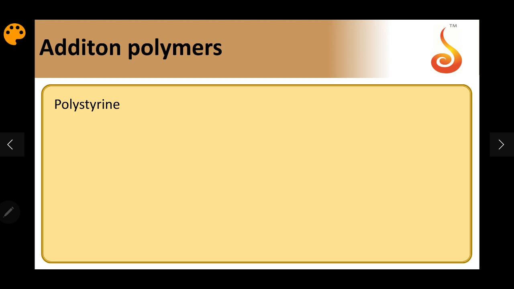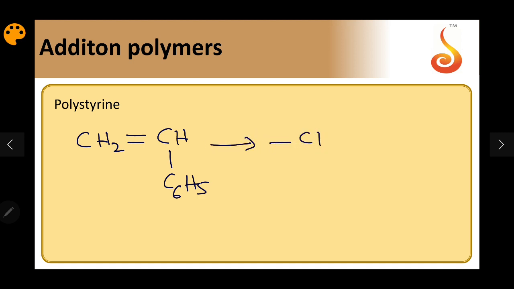Polystyrene. Polystyrene is prepared again by addition polymerization. The monomer has C6H5, it is vinyl benzene. When you polymerize this, I get polystyrene. What is the use of this polystyrene? It is used in thermocol, that is styrofoam.